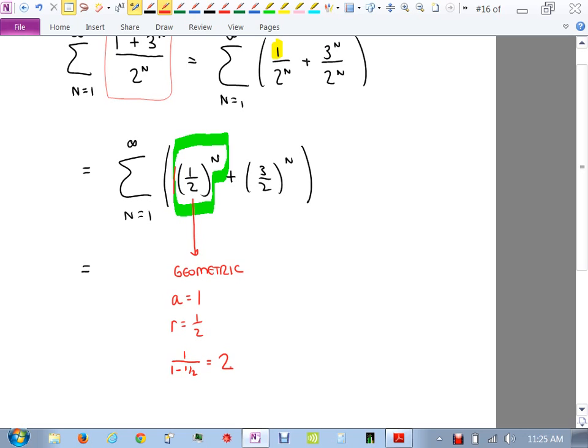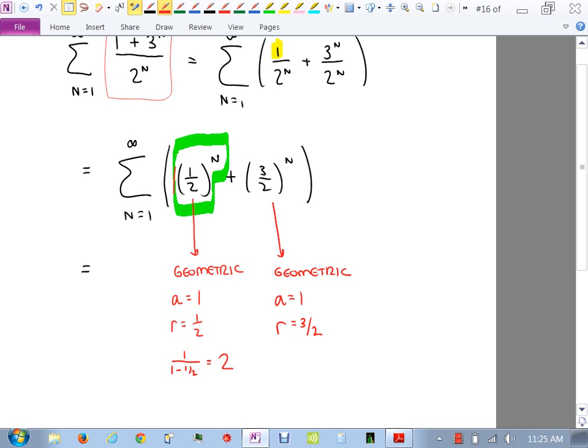So if you were just looking at the 1/2 to the n and adding it up forever, it would converge to 2. But you're adding that to this, and that's also geometric. Isn't it? Now it's geometric with what? A is 1 and R is 3 halves.